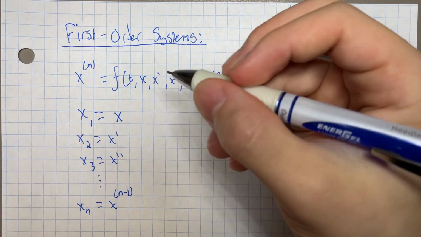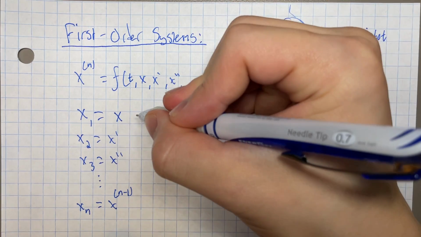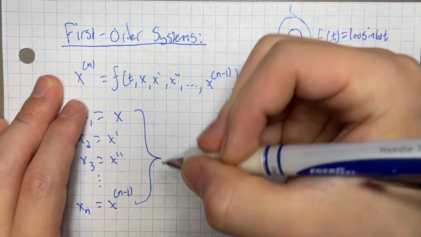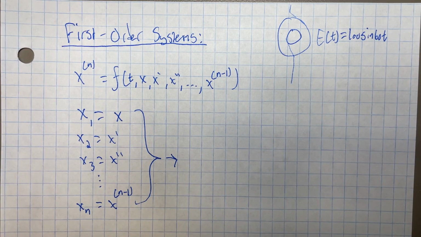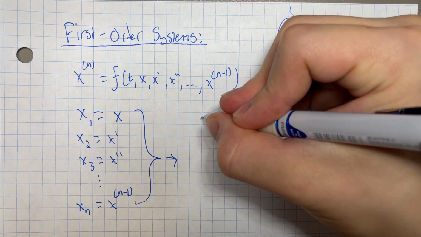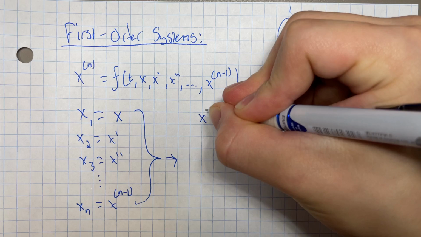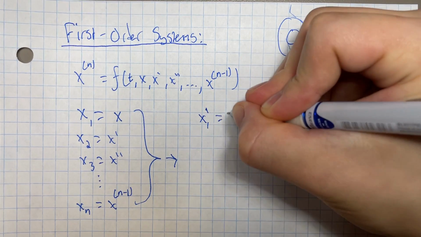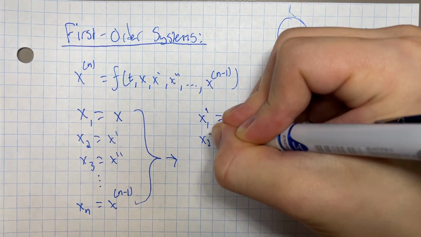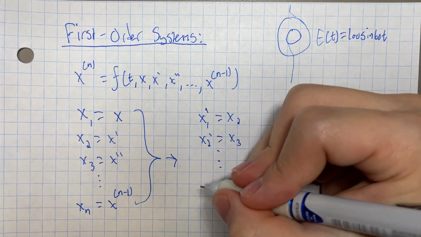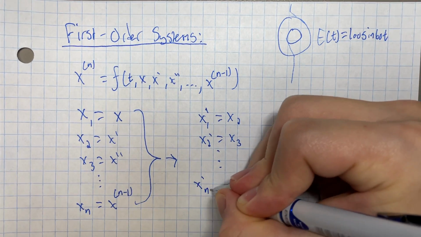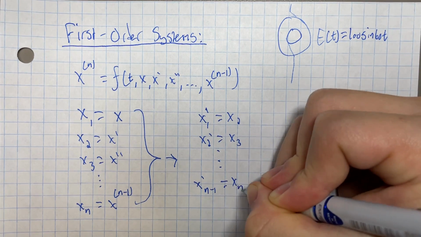And so what we're going to be able to do is essentially convert this list of variable reassignments into a system where we have x1 prime equals x2, x2 prime equals x3, so on and so forth until we get to x sub n minus 1 prime equals x sub n.